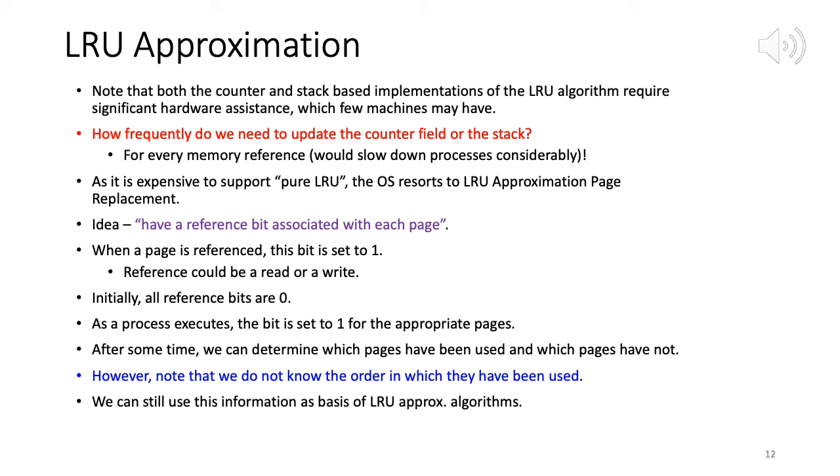So in the counter, every time we have a memory reference, we are increasing the counter, and whenever a particular page is referenced, we copy the counter into its time of last use field.